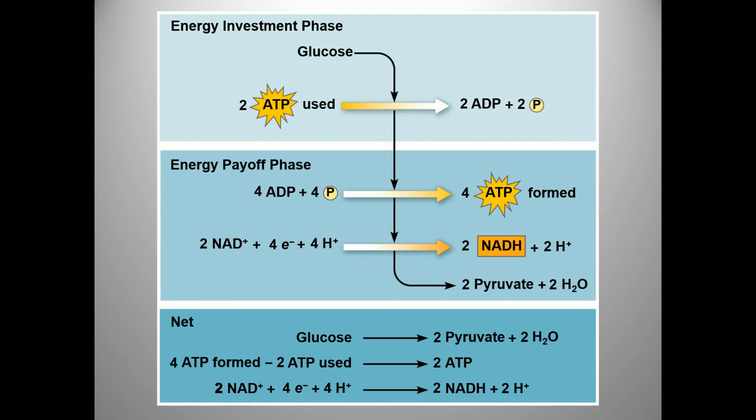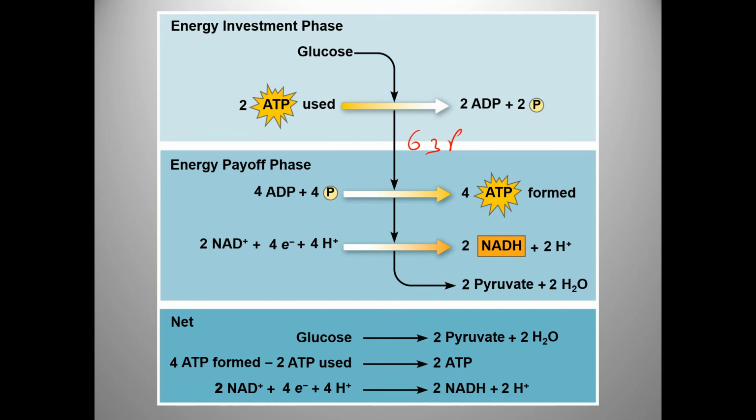Alright, so this is kind of simplifying the process. The energy investment phase: glucose has energy, ATP, added to it that makes it a little bit less stable. And then you end up with this G3P molecule in this intermediate phase.